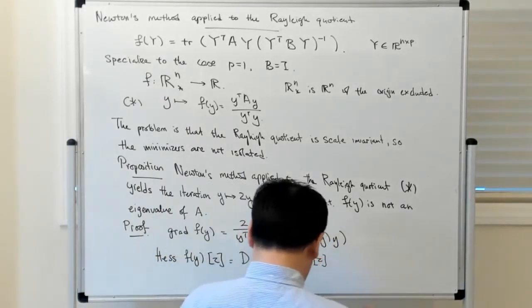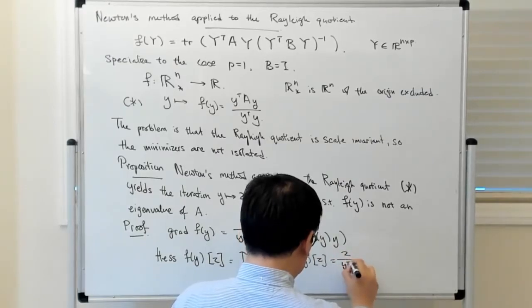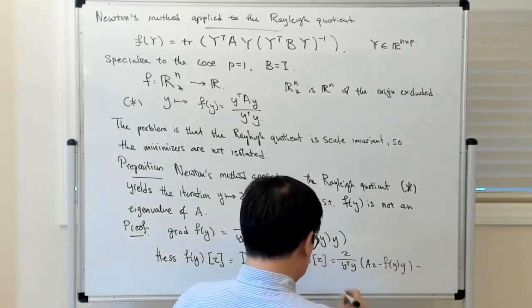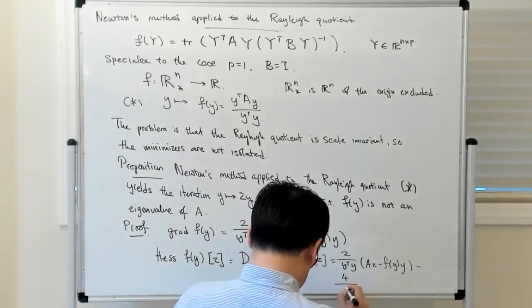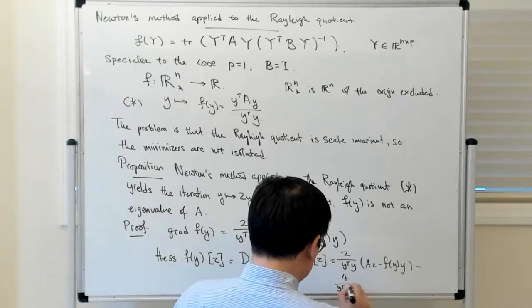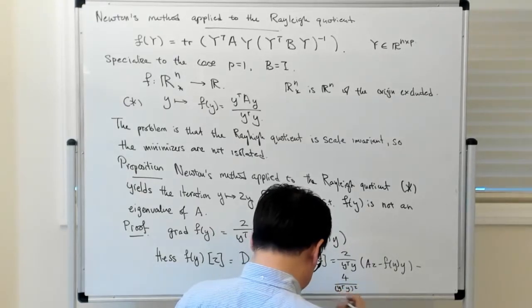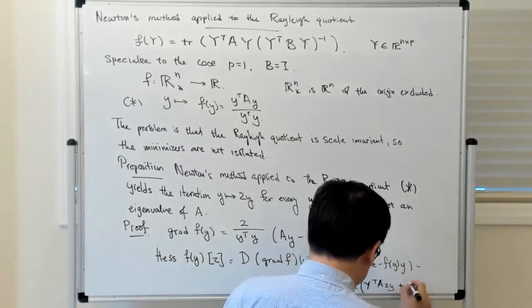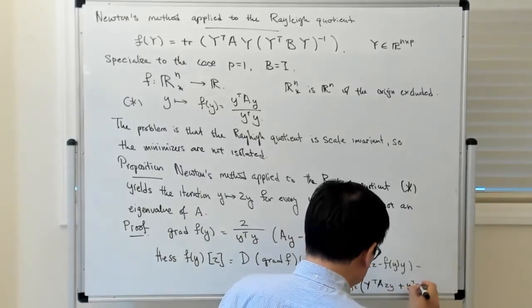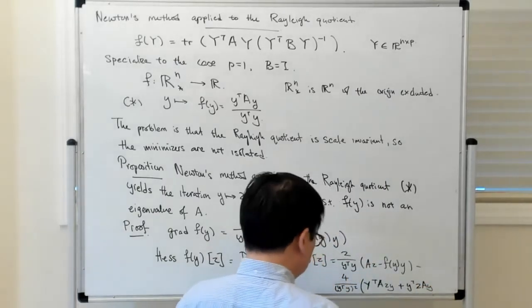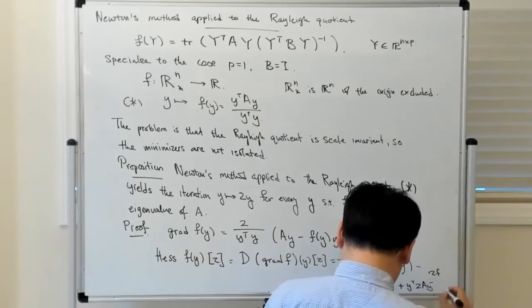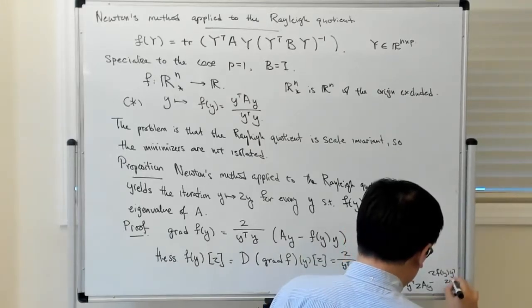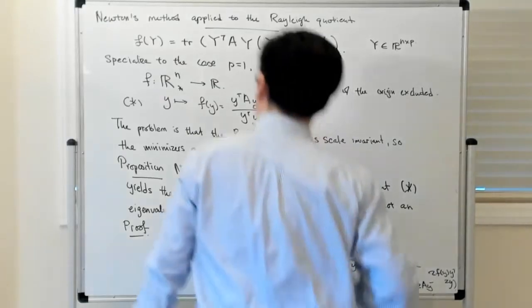And this is equal to 2 over y transpose y (Az minus f(y) z) minus 4 over (y transpose y) squared times (y transpose A z y plus y transpose z A y minus 2 f(y) y transpose z y). Let me just try to finish that.